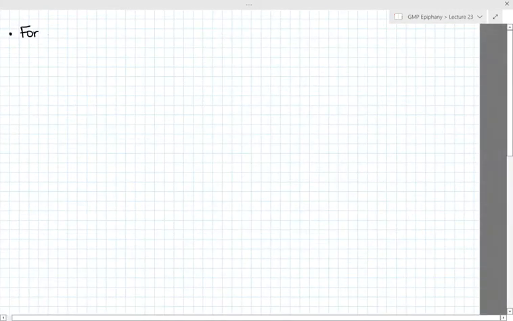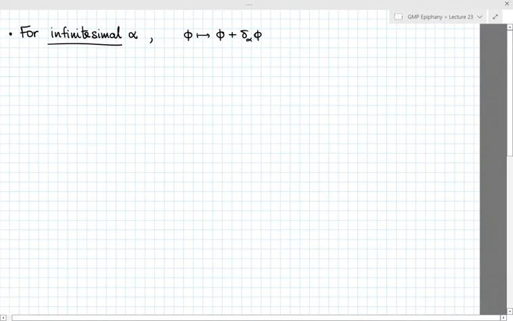So for infinitesimal alpha, we get that phi is mapped to itself plus a small variation, which I'll call delta alpha phi, and I'll write it in components: delta alpha phi j is equal to i alpha A, generator TA in representation R, matrix element jk, times phi k.